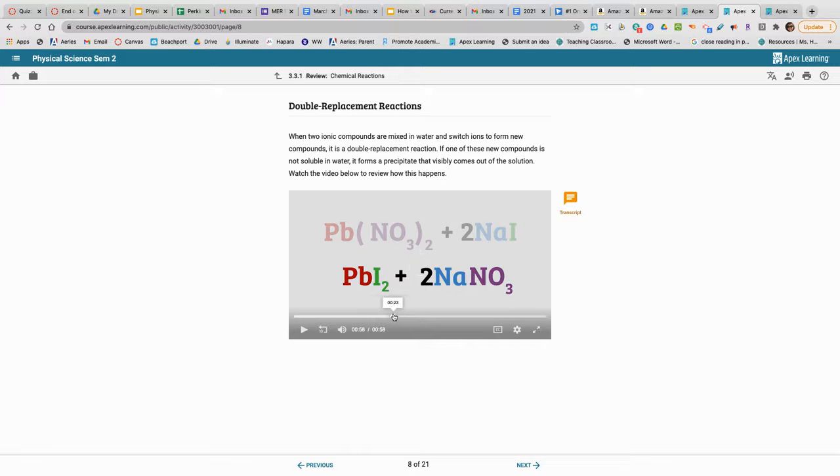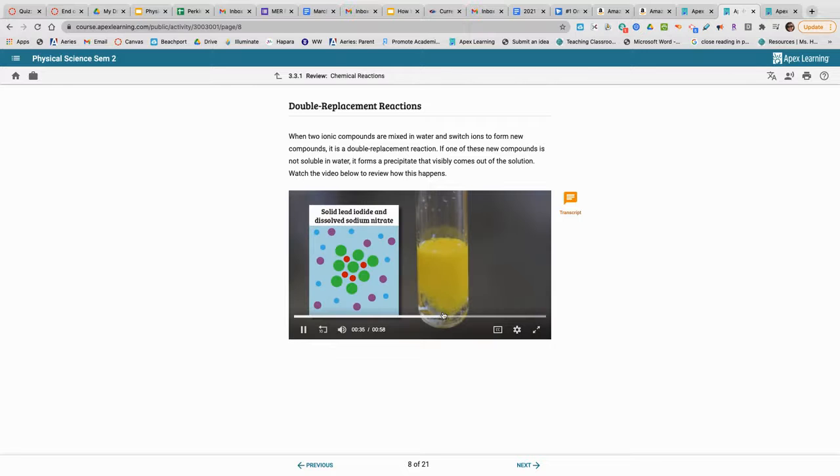So, a little fun fact. This bright yellow is what they used to make paint. They used to make paint out of lead. And the lead compounds can make really bright colors, bright red and bright yellow.